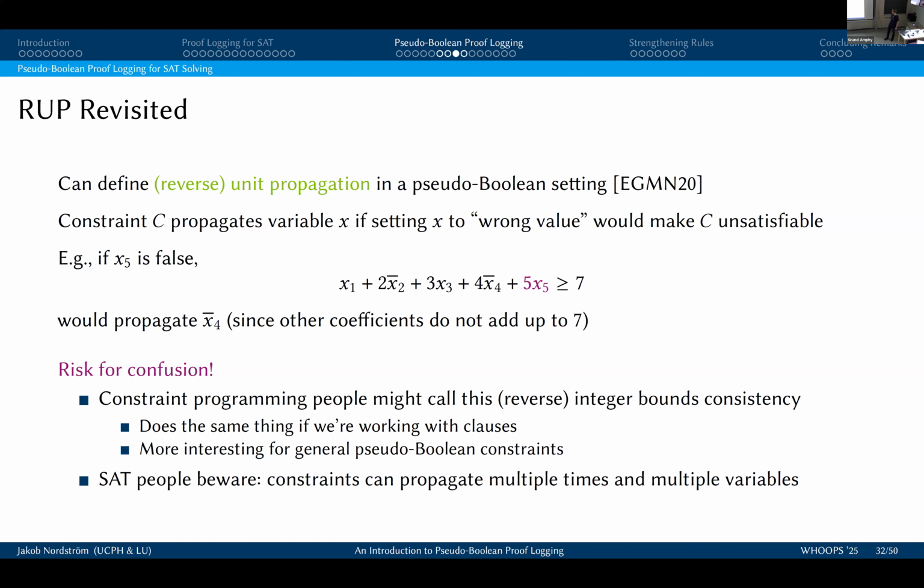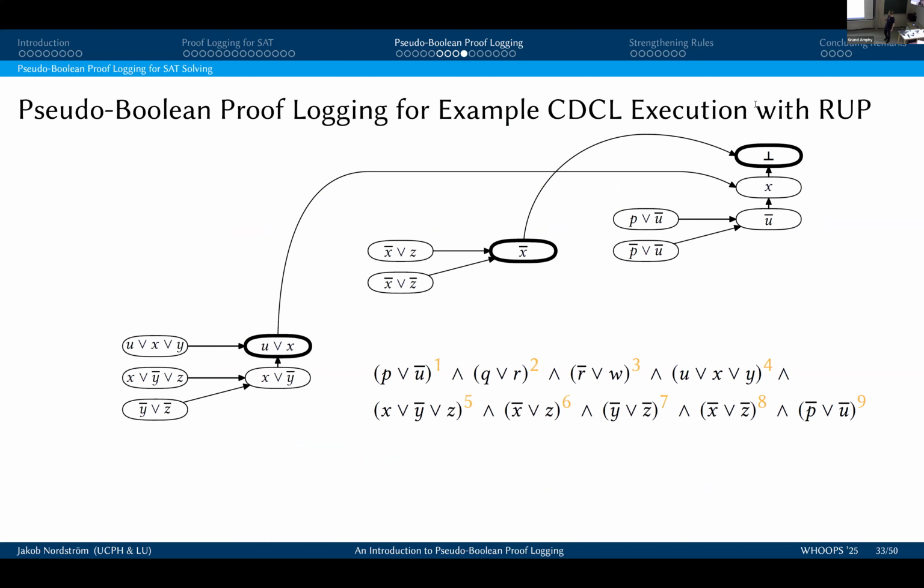It would not be hard, incidentally, to cook up such an example here. If I set x5 to false, then x4 would propagate to true, and then I have no further propagation. But now if I set x3 to false, then the constraint would propagate again, and it would propagate both x1 to true and x2 to false. So I can also define reverse unit propagation.